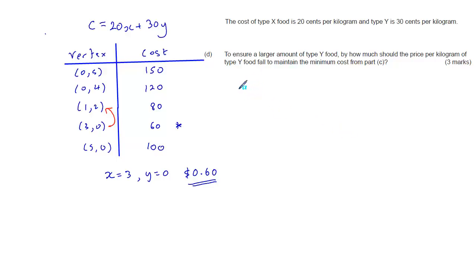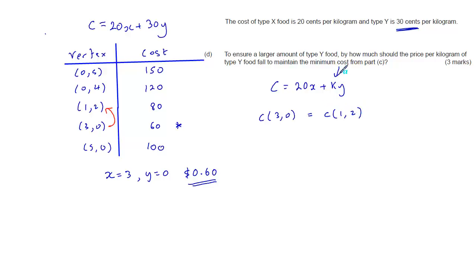So the cost function now needs to be 20x plus ky, because it's this cost here that's changing. And what we need is for the cost at 3, 0 to be equal to the cost at 1, 2.